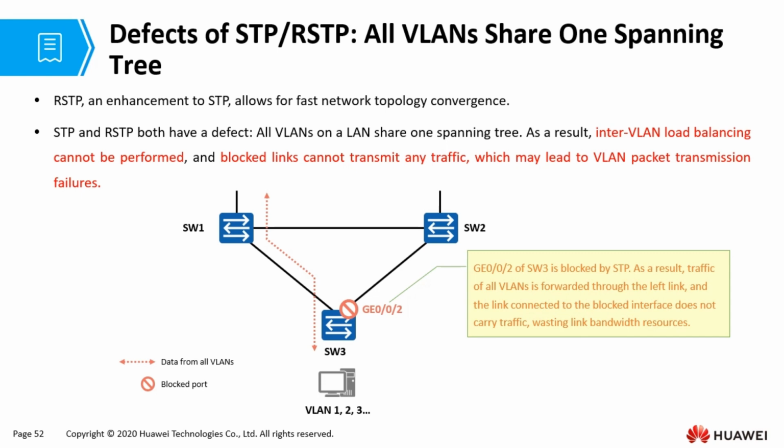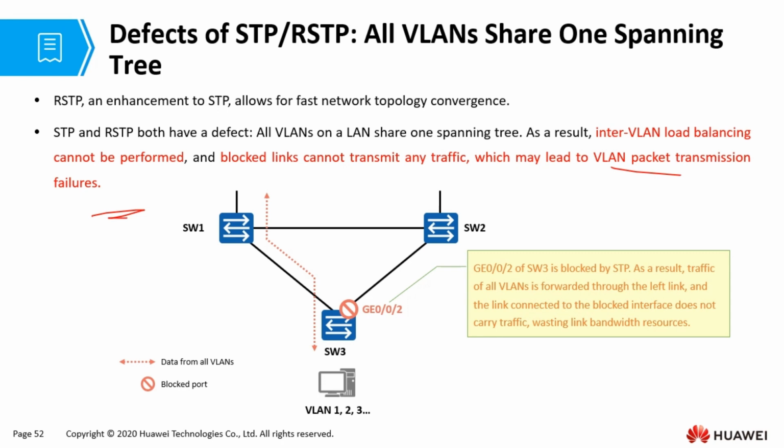Okay, so how are you actually going to enable some of those mechanisms, especially when you have VLAN routing and inter-VLAN load balancing? They cannot be performed, and they will block the link, so it cannot transmit any data, which may lead to VLAN packet transmission failure.